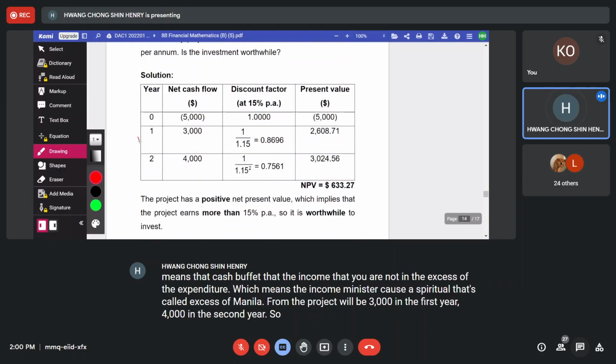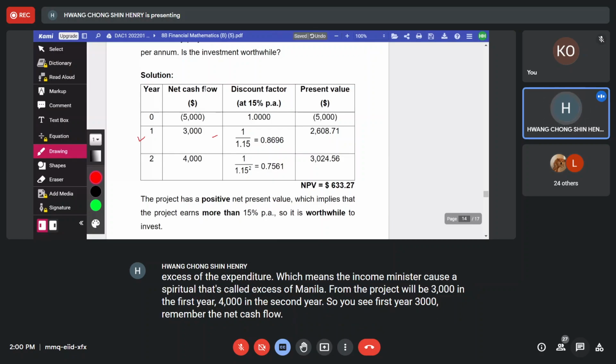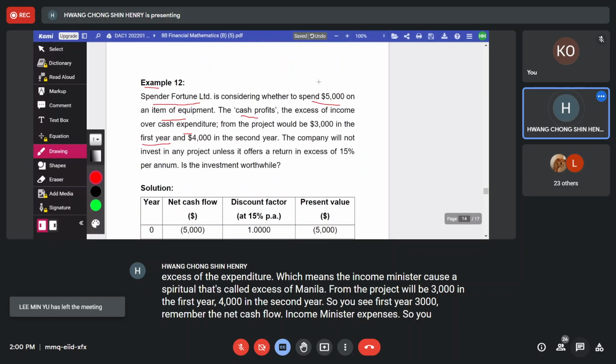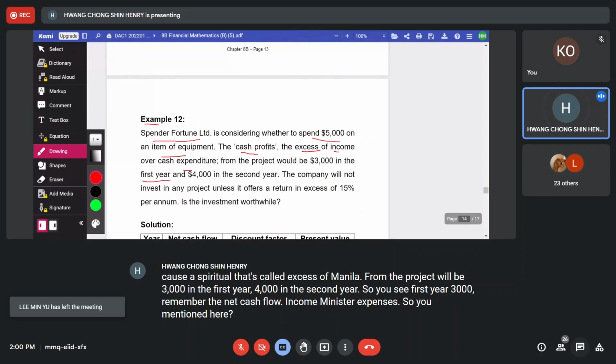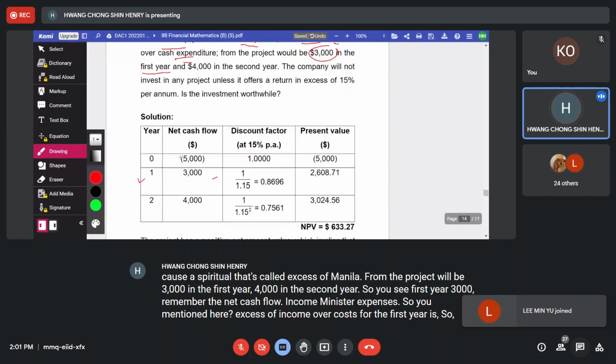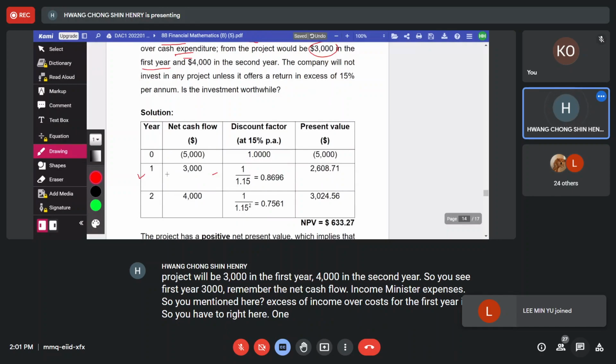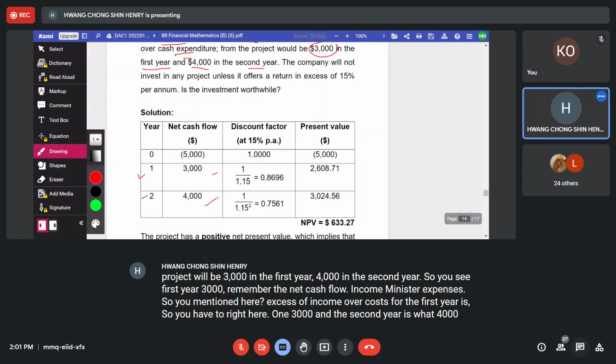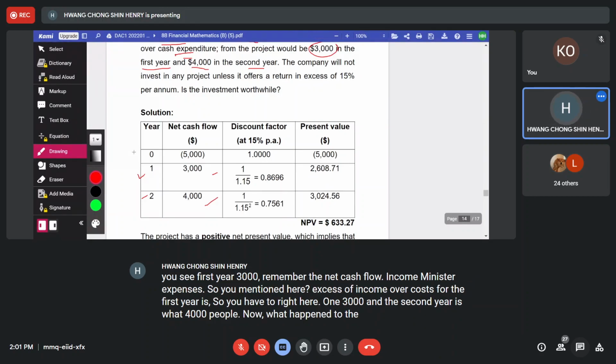So you see, first year 3,000. Remember the net cash flow, income minus the expenses. So it mentioned here, excess of income over cost for the first year is 3,000. So you have to write here 3,000, and the second year is what? 4,000. Careful. Now, what happened to year 0?